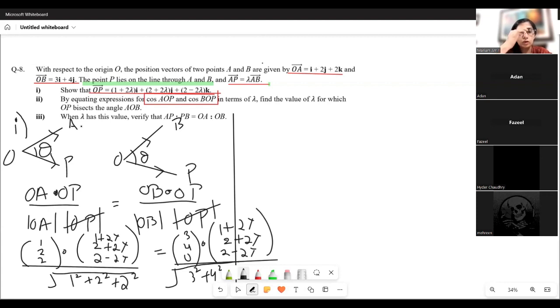So the dot product on the left-hand side is going to be 1 plus 2 lambda plus 4 plus 4 lambda plus 4 minus 4 lambda, divided by the denominator, which is square root of 9, that is 3.